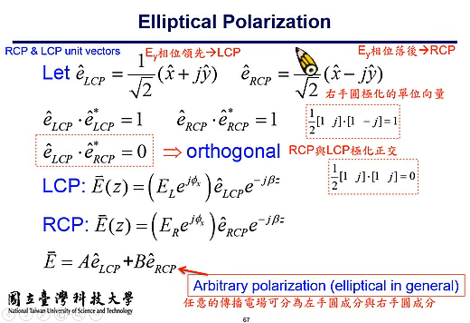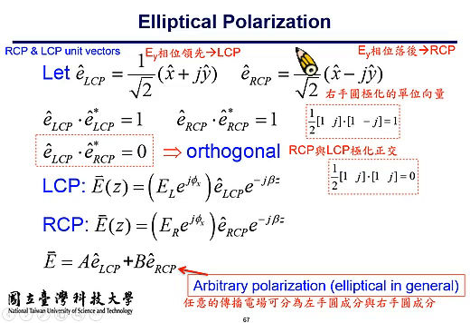So you can write up unit vector for RCP and LCP in terms of combination of EX component and EY component. The result abides property like this. The dot product of the LCP unit vector itself and its complex conjugate equals to 1.